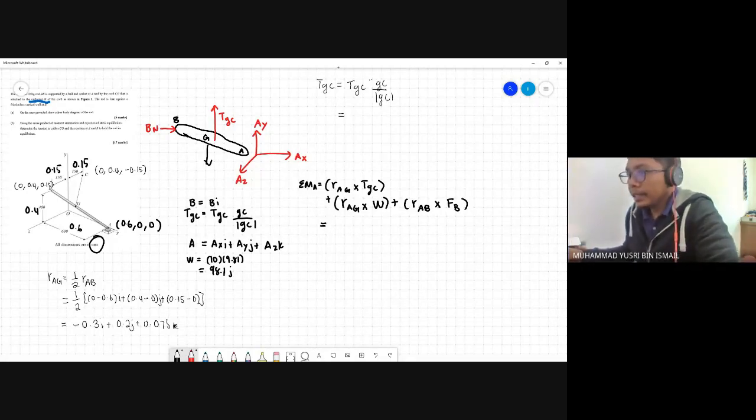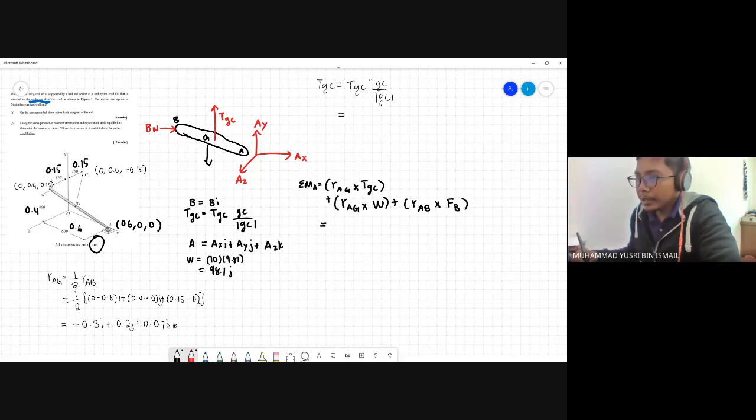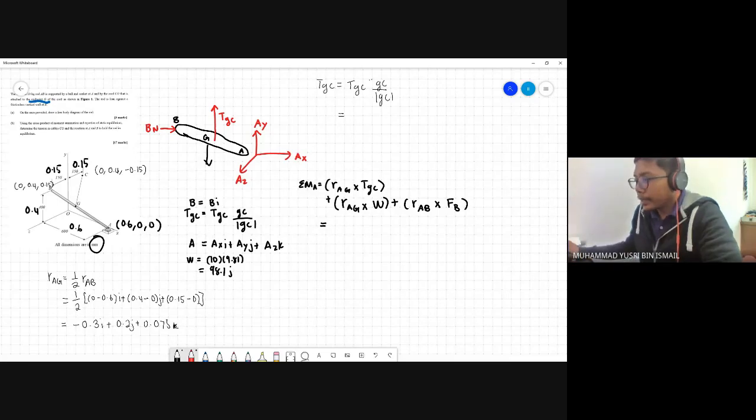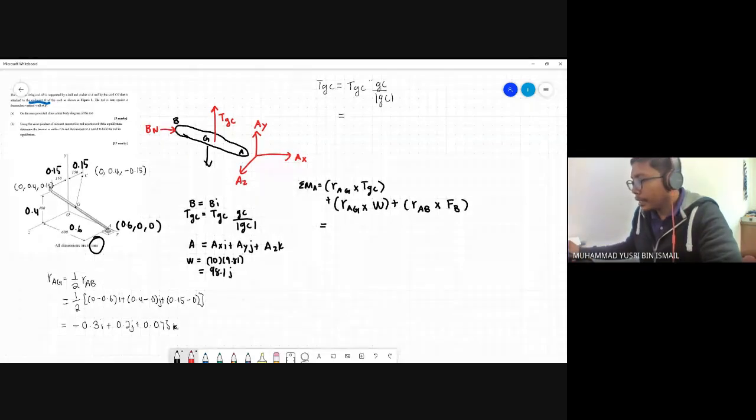For GC, we already have the position vector of G, which is negative 0.3. This is the coordinate of G. Did you guys get the same as me?